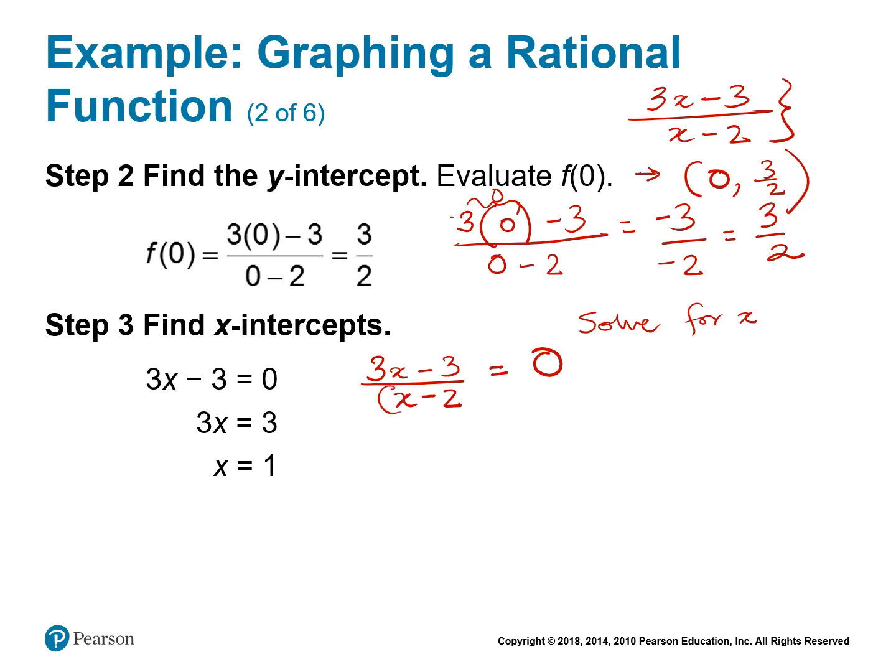Now what happens is we first have to get rid of the x minus 2, correct? How do we get rid of the denominator? We multiply both sides by x minus 2. And we end up with 3x minus 3 equal to 0 times (x minus 2), which is 0. And now we just solve for x.